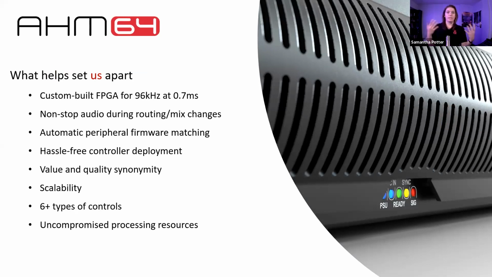FPGA is going to come up a lot during this session because it's such an important part of the HM64. It helps keep everything powerful and flexible while keeping processing at a max and its latency and phase coherency at an optimum. What also sets the HM64 apart is that there is nonstop audio during routing or mix changes.